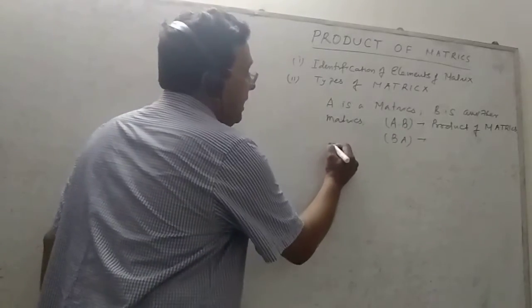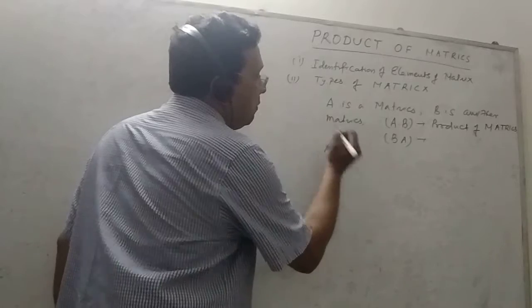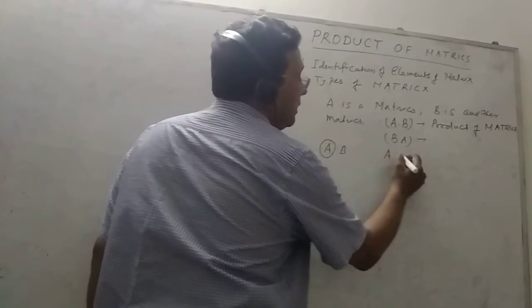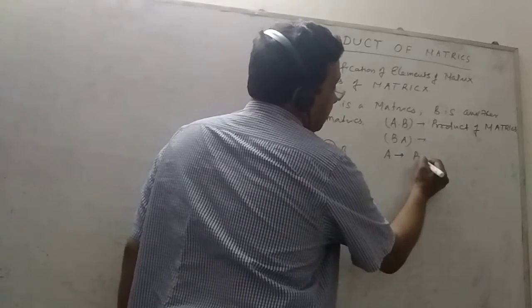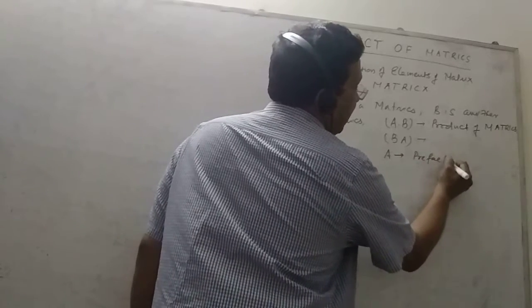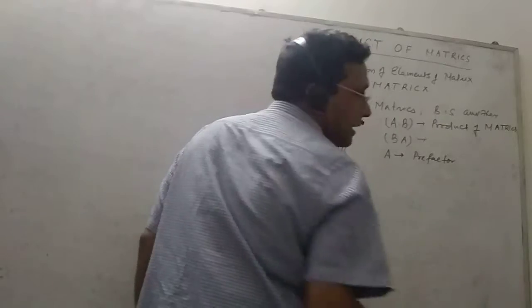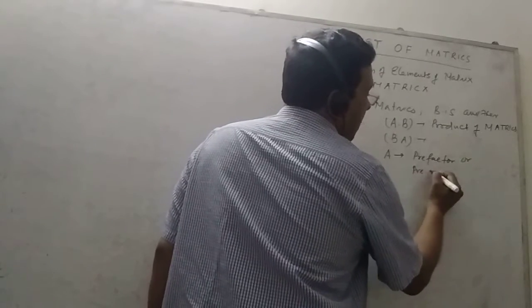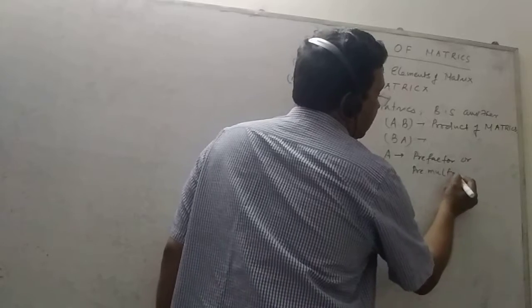In the product AB, matrix A, that is the left part, is known as the prefactor matrix, or you can say pre-multiplier matrix.